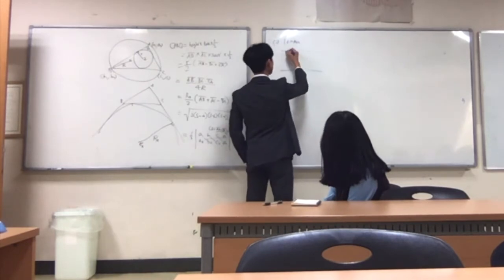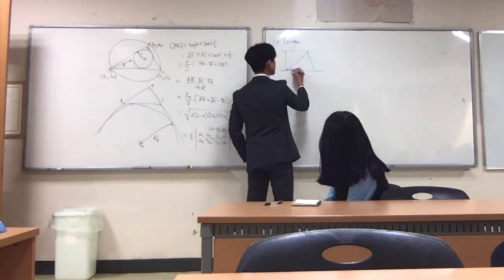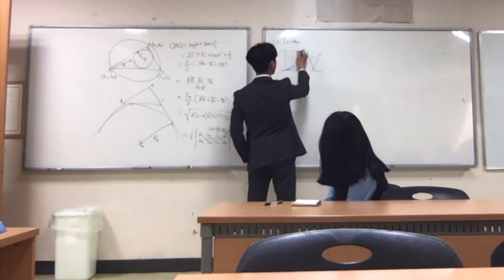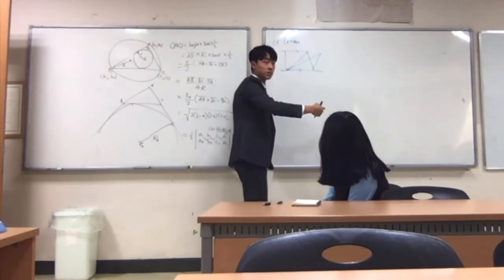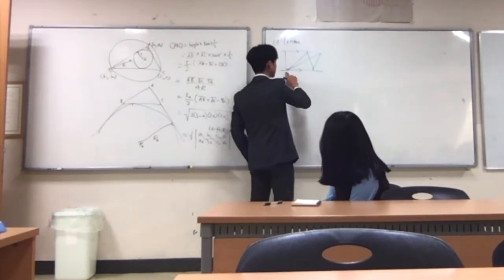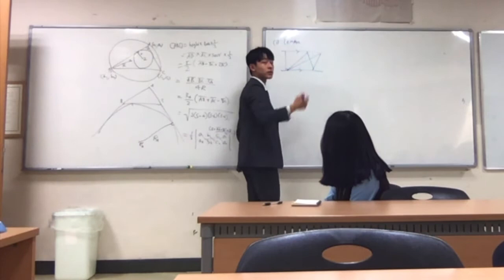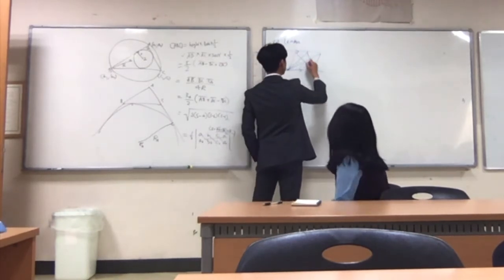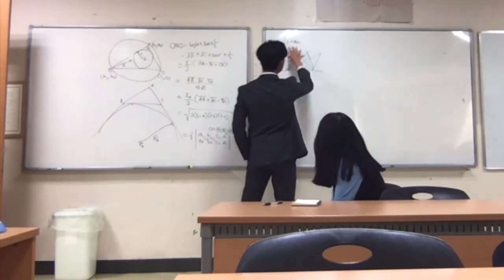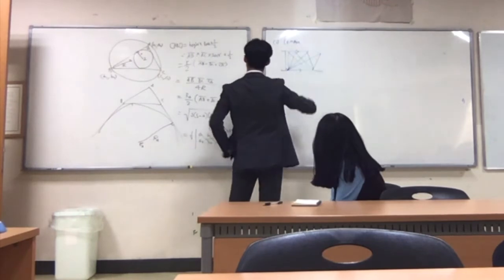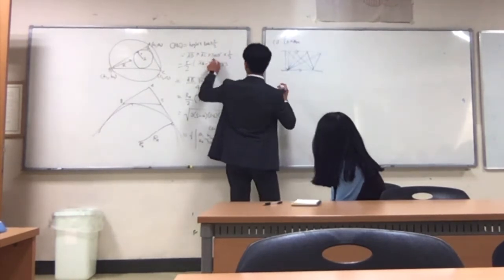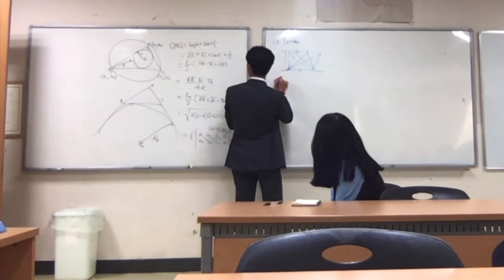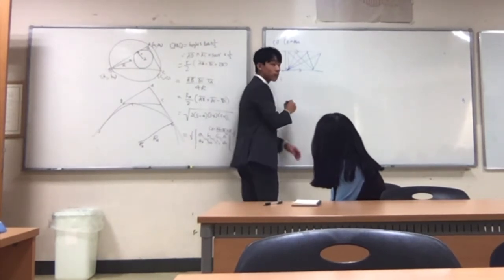So first, if the base is the same, and any triangle is formed between these two parallel lines, their area would always be the same, because a triangle's area is basically base times height divided by 2. So any triangle between these two parallel lines will always have the same area.